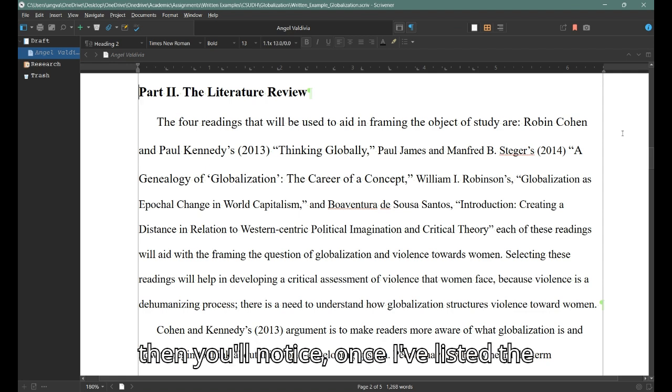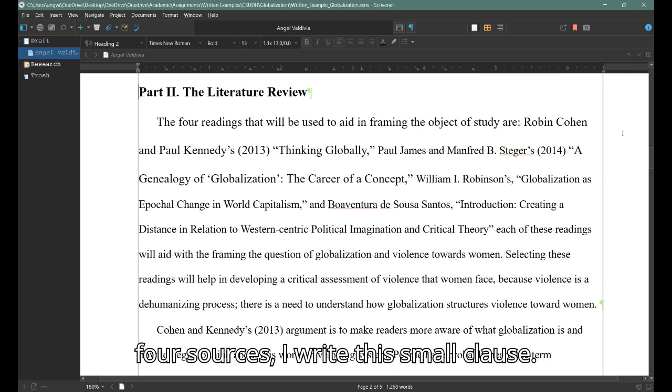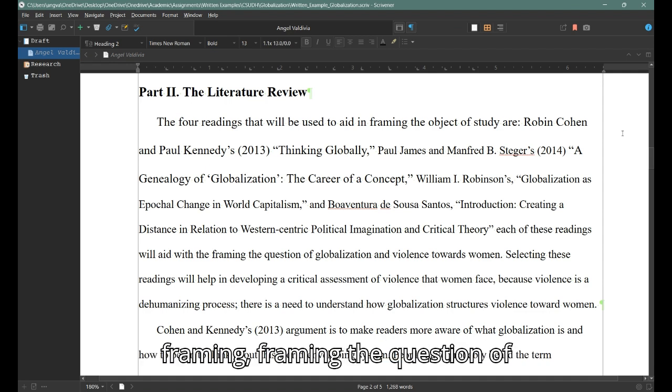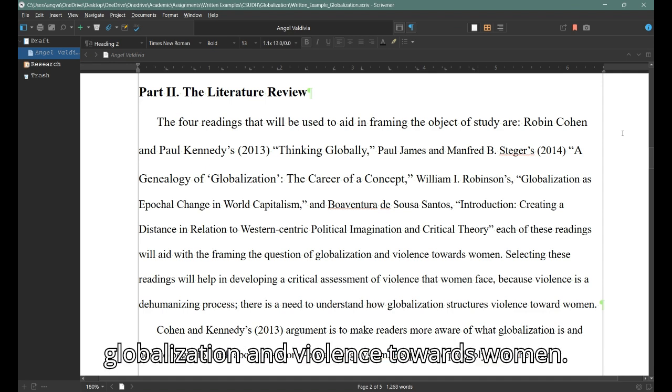And then you'll notice once I've listed the four sources, I write this small clause. Each of these readings will aid with framing the question of globalization and violence towards women.